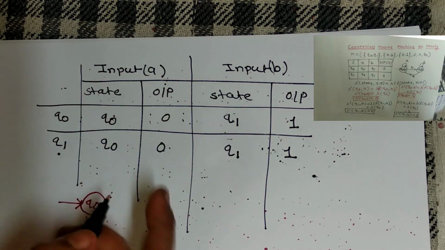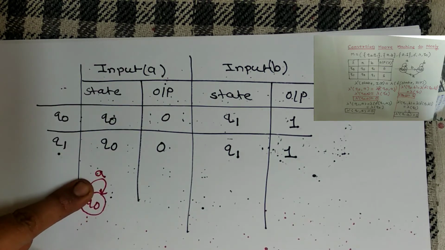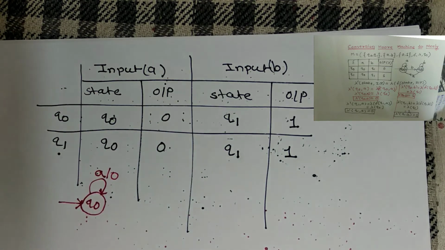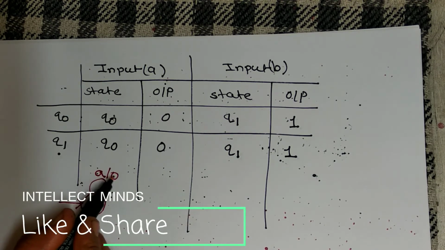It goes to itself by taking A and gives the output as 0. As this is the converted Mealy machine, it is compulsory to write the output outside the state, on the transition path. This is the transition path, this is the input and this is the output.